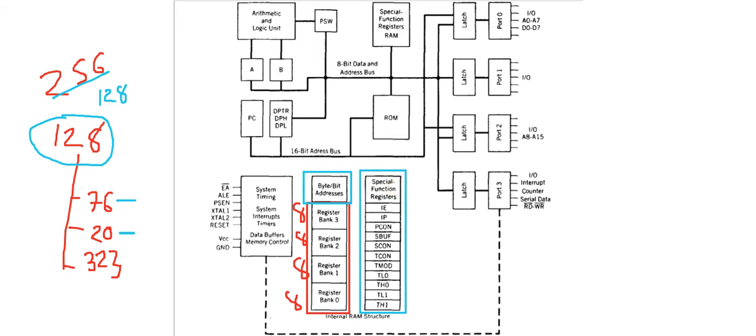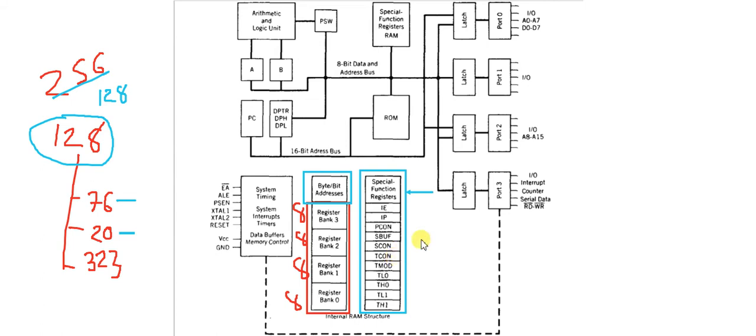So remember, this name is called the special function registers. The special function registers have a dedicated task in the microcontroller. For example, if you want to use the timers inside the microcontroller, then how can you start the timer, how can you stop the timer? Those commands or control bits are available in such special function registers.